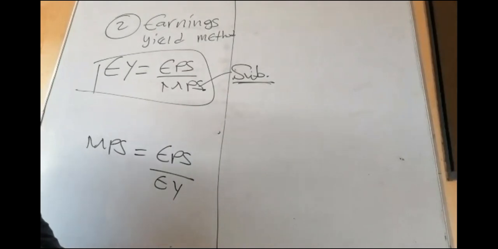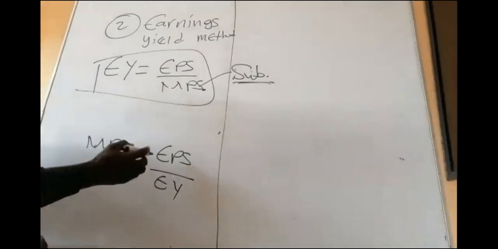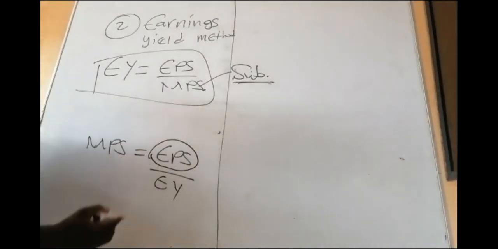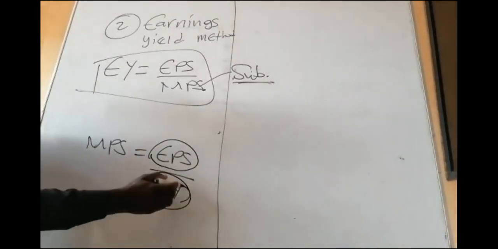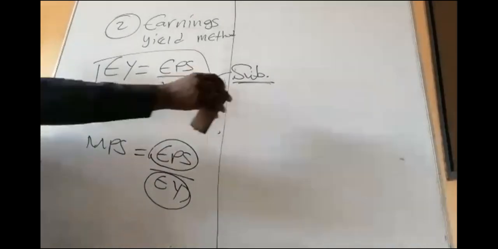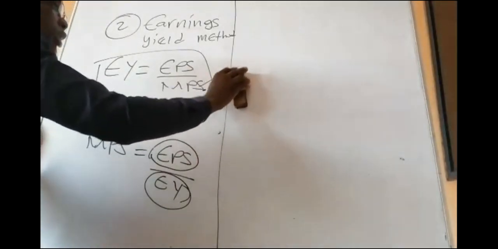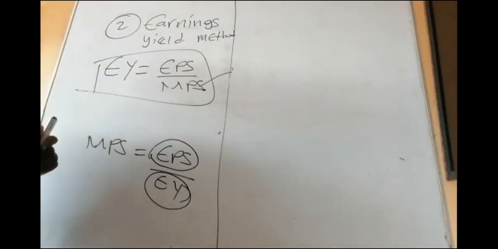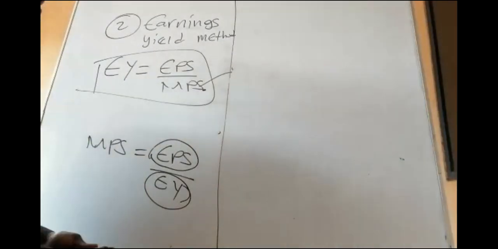So you have to go through the 3-step approach. As the name suggests, we have to determine the earnings per share and the earnings yield, and if we know these 2 items, we divide to give the market price. Let's see the steps, then we will back it with an illustration, the question we solved in our previous lecture.